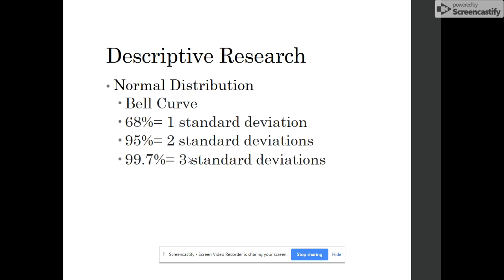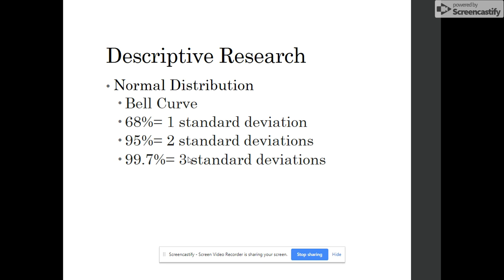All right. Also part of this is standard deviation. So we're going to look at the bell curve. When you look at a bell curve and we're talking about standard deviation, you take your average score, and that's the middle of your bell curve. So everything is going to be 1, 2, or 3 standard deviations away from the average. So it's either 1 standard deviation to the left or the right, so above the average or below the average.